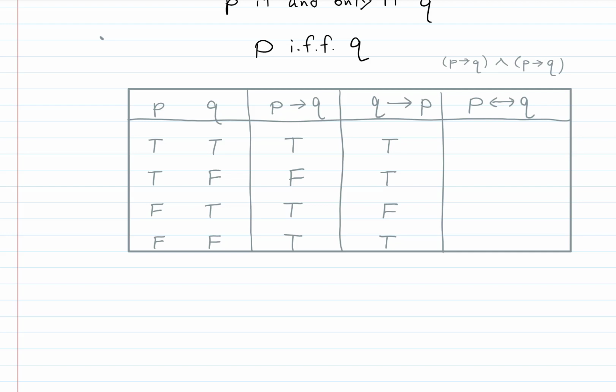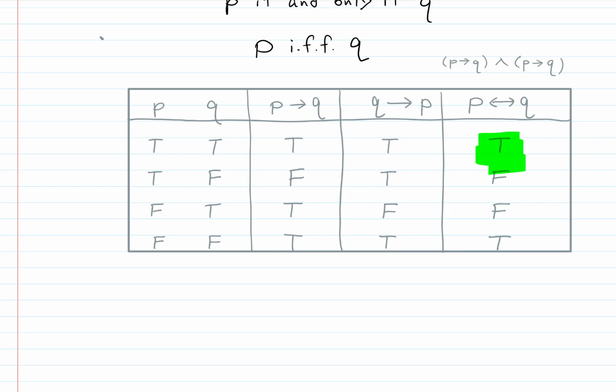So that happens here and here. In those two cases, this conjunction is true. In all the other cases, it would be false. So there's our truth table for the biconditional.